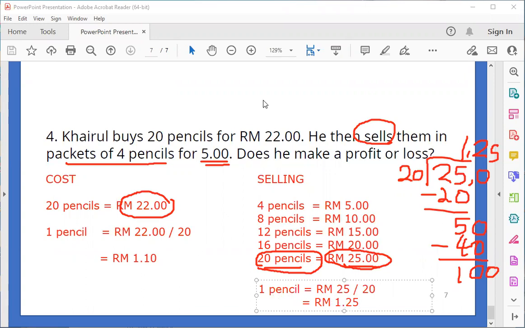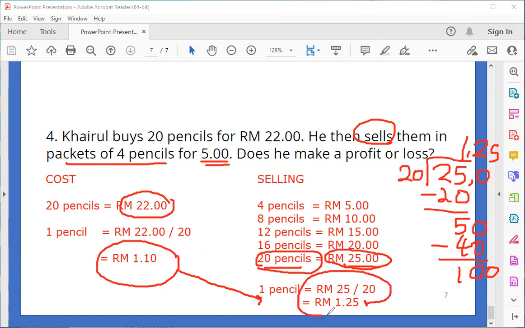So you can see it clearly now. Here, one pencil he bought for 1 ringgit 10 cents, and he sold that one pencil for 1 ringgit and 25 cents. Obviously, he makes a profit.